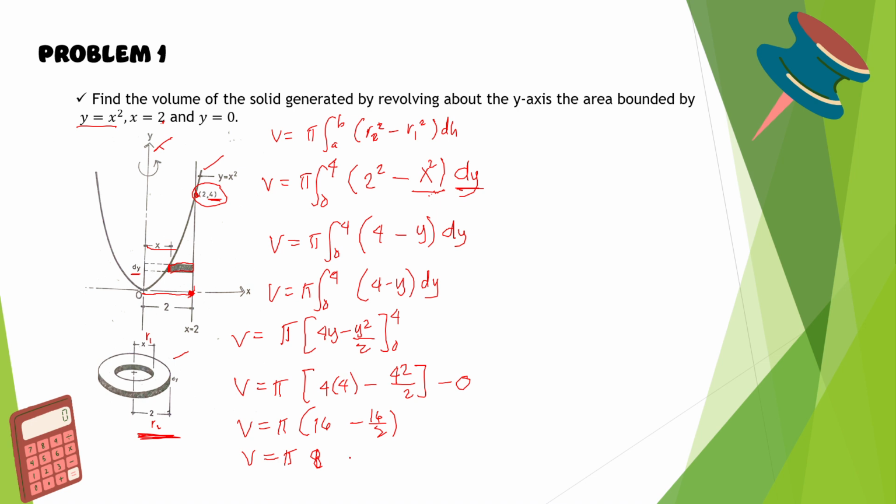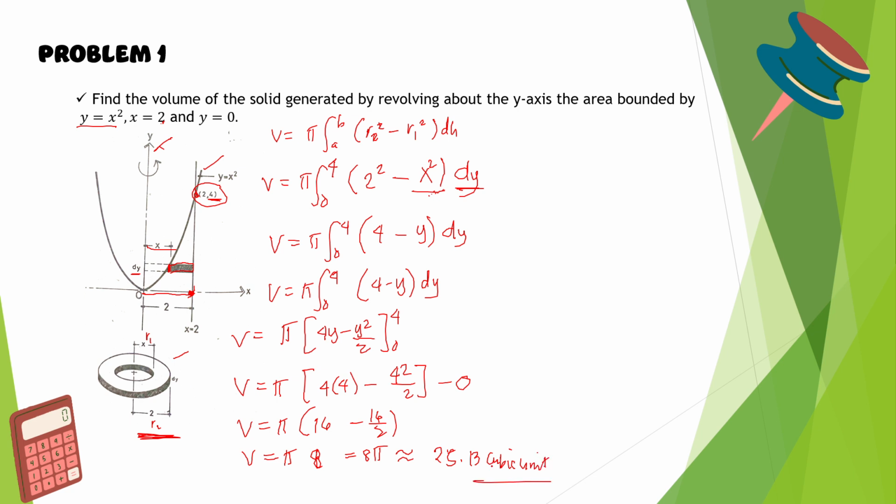So therefore, 8 pi, or approximately 25.13 cubic units.